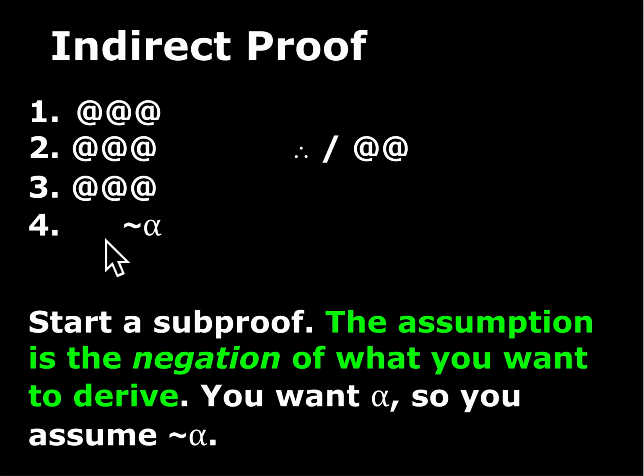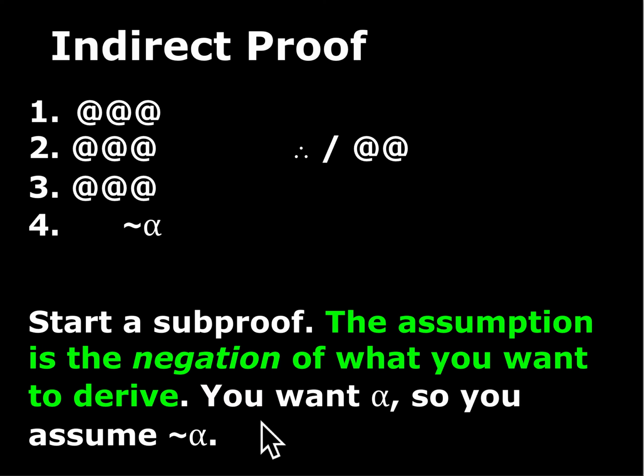Just like with conditional proof, I'm going to start the subproof by indenting, with an arrow and a justification. But what's my assumption going to be? With conditional proof, you assumed the antecedent of the conditional you were trying to derive. For indirect proof, the assumption is the negation of the thing I'm trying to derive.